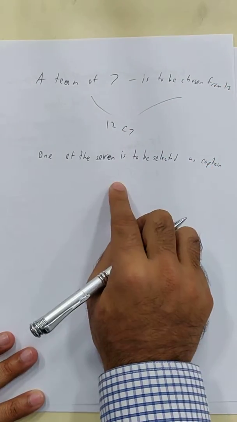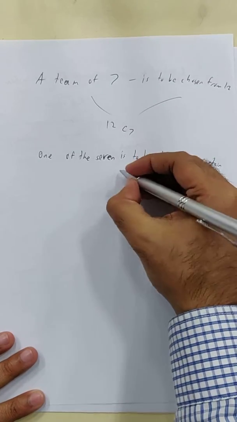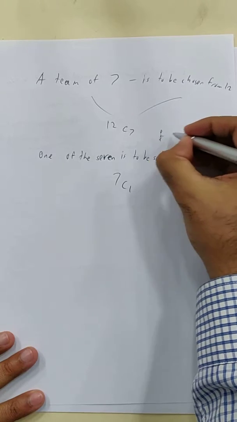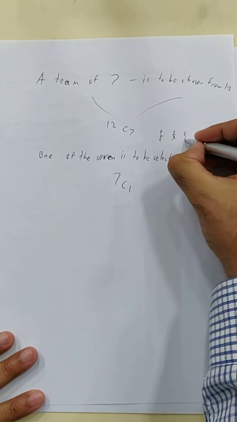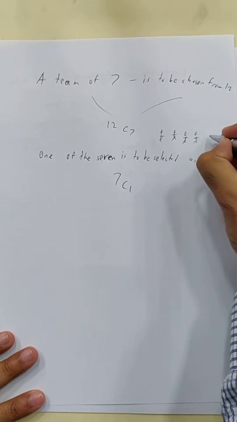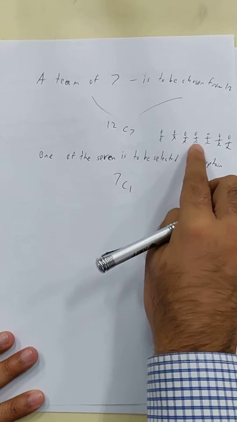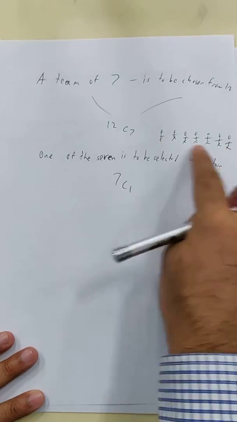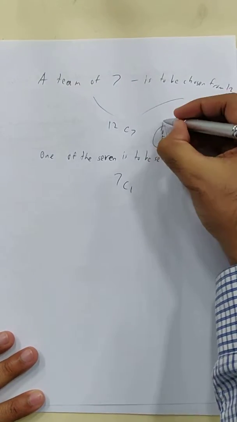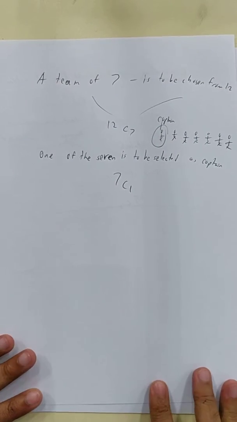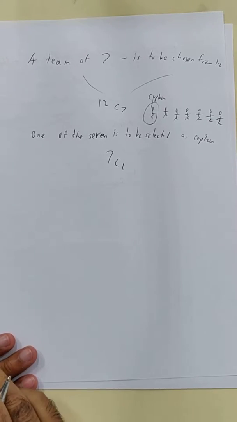So how do you calculate this one? 7C1, okay? So that means you've got 7 people. This is where drawing skills come in. One, two, three, four, 5, 6, 7. From these 7, I want one person as a captain.